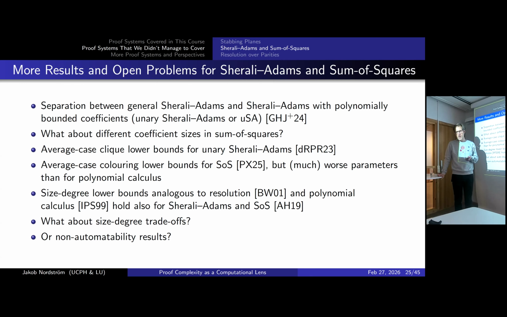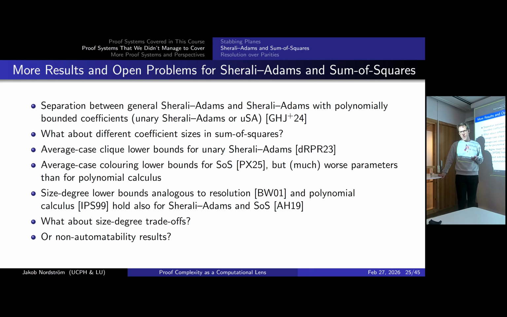But a couple of years ago, for Sherali-Adams, we do know a separation. For Sherali-Adams, you can define Sherali-Adams star, which is Sherali-Adams with polynomially bounded coefficients, except that it's typically called unary Sherali-Adams. It's Sherali-Adams where I force you to write down the coefficients in unary, and you should still have a polynomial size proof. That's the same thing as saying your coefficients should have at most a logarithmic number of bits.